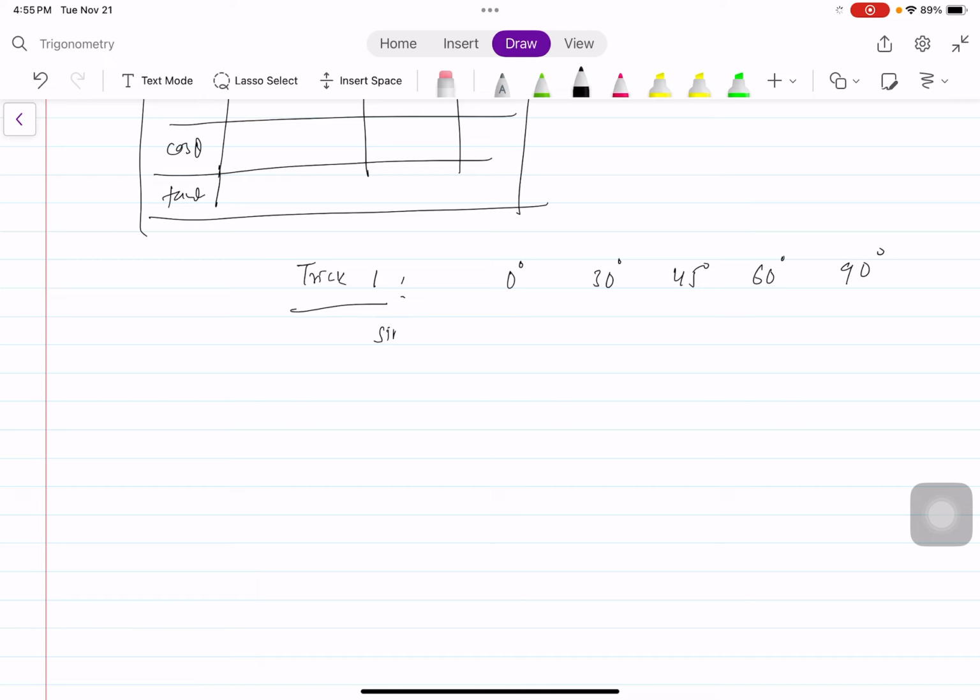For sine, you just write 0, 1, 2, 3, 4, and after writing this you divide each number by 4 and take the square root. These are the respective values of sine.